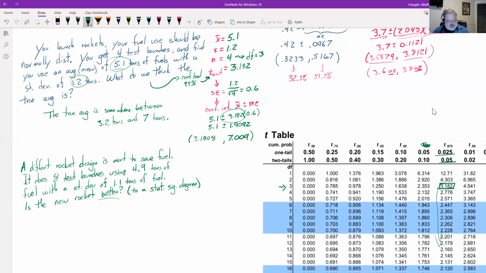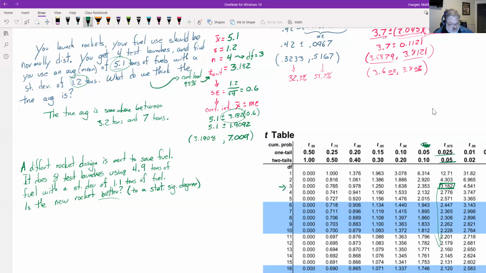We're going to talk about that here. On the face of it, this other rocket design used less fuel on average in more tests with a smaller standard deviation. So if we just look at those point estimates, it used less fuel in a tighter range. So it looks like it's better, right?